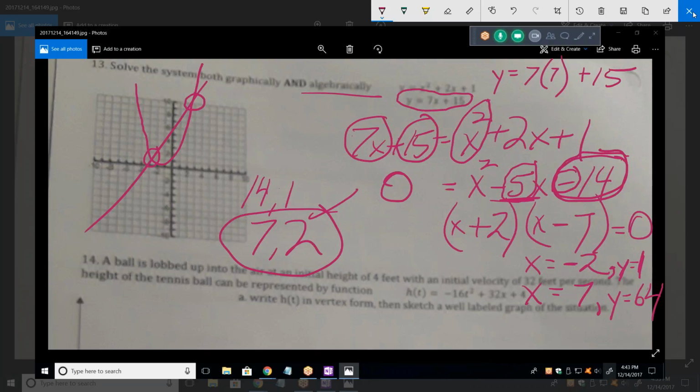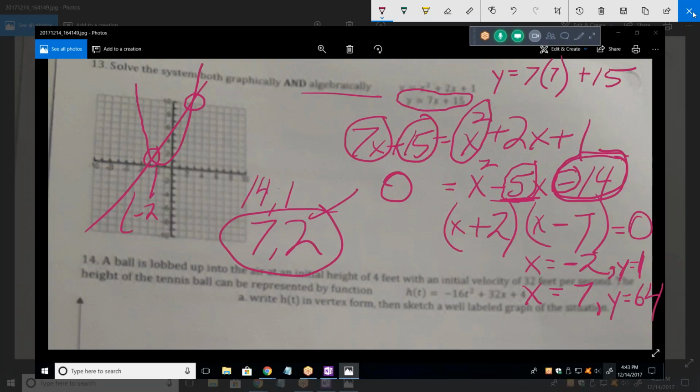So what are my solutions? By that I mean my two intersection points. -2, 1, which is this one right here.